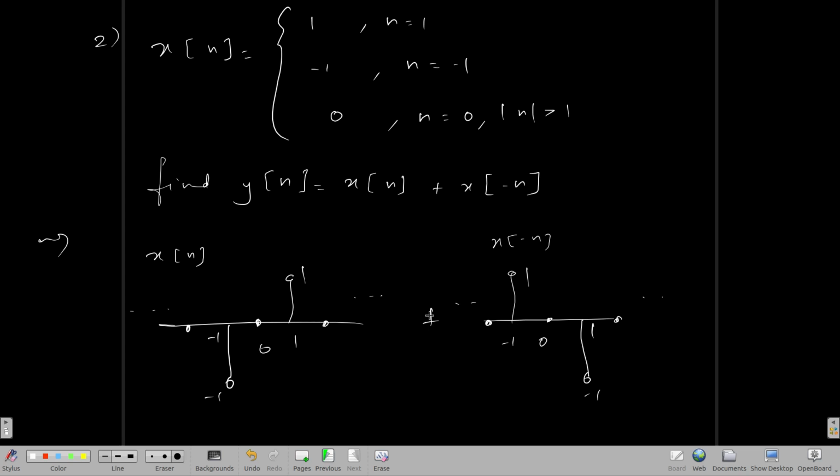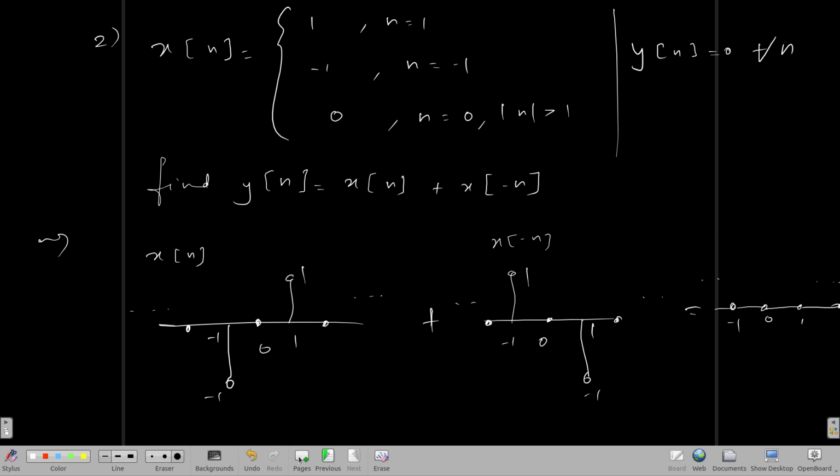If you add this, 0 plus 0 is 0, minus 1 plus 1 is 0, plus 1 plus minus 1 is 0. So basically what you are getting is all zeros. So here also the answer is y of n equal to 0 for all n. Okay.